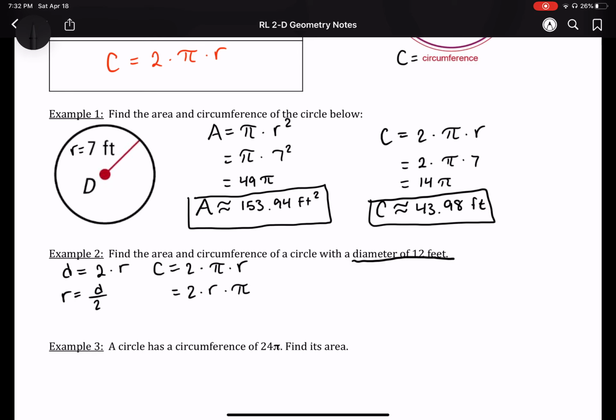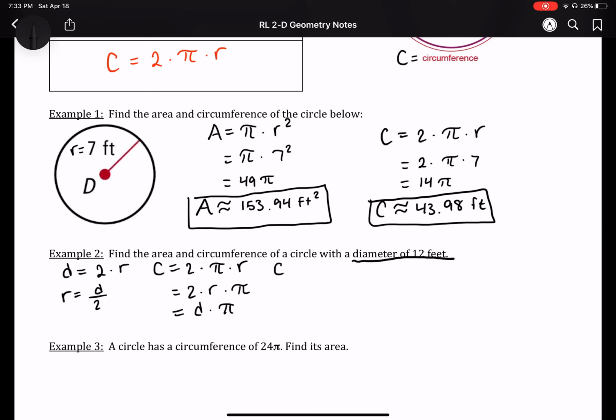What did we just say was equal to 2 times r? The diameter. We said the diameter was equal to 2 times r. So that means that we can just replace that. So that is actually equal to the diameter times pi. That's an alternate formula. It's really the same thing. So instead of doing 12 divided by 2 is 6, 6 times 2 is 12 times pi, you don't need to worry about that. You can just type your diameter in.